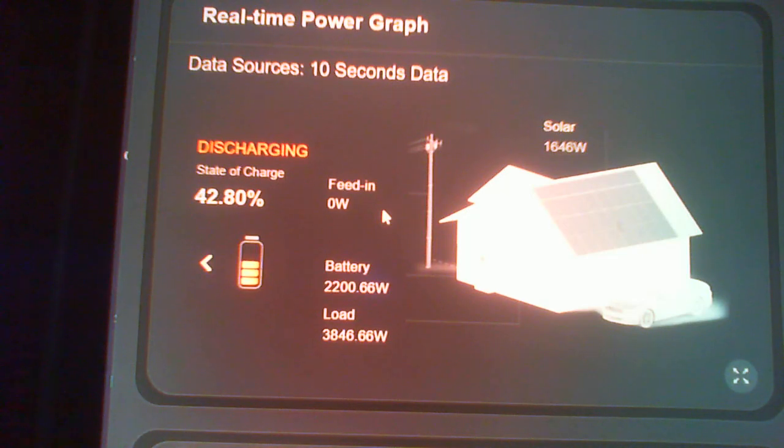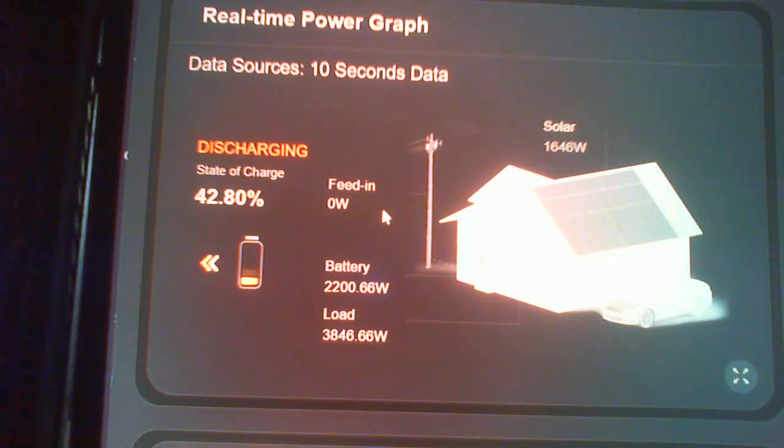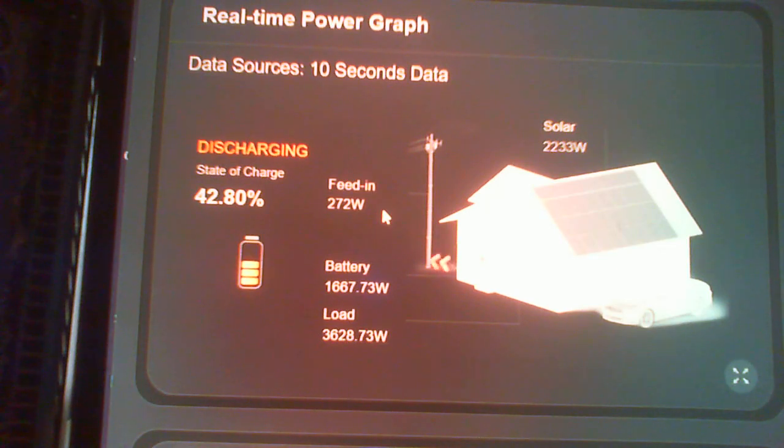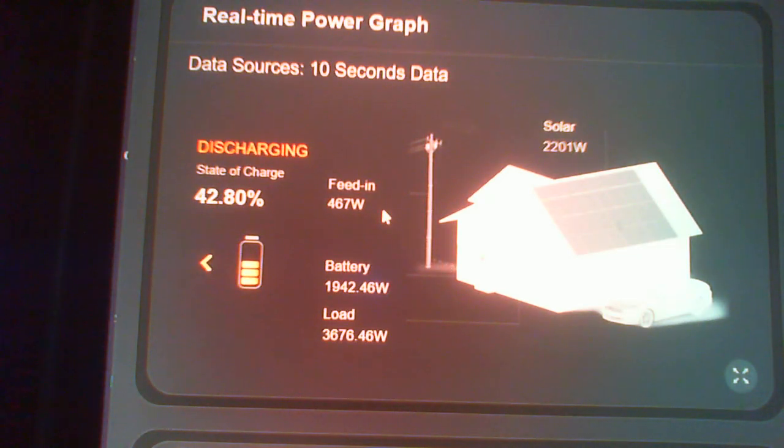And because this is how they abuse the system. Right, so there goes the hot water load.